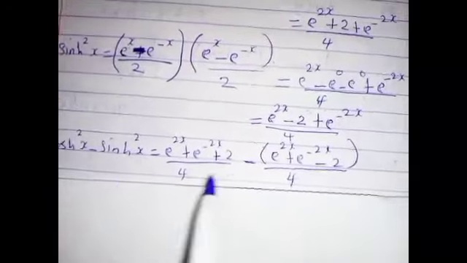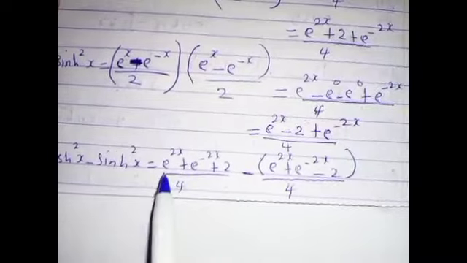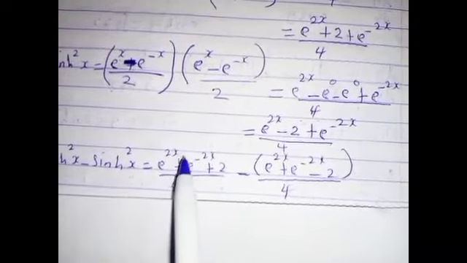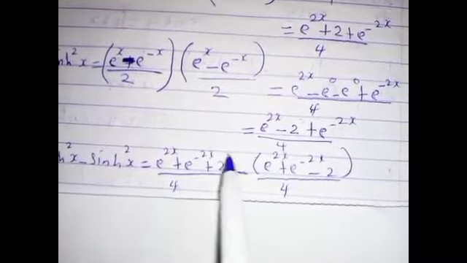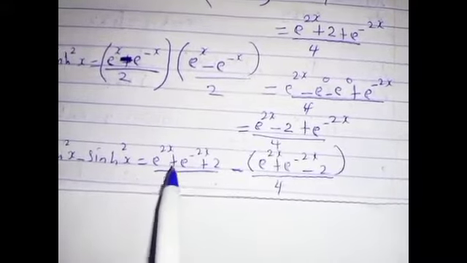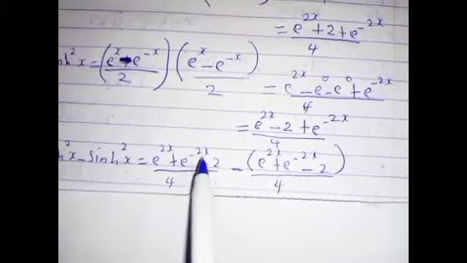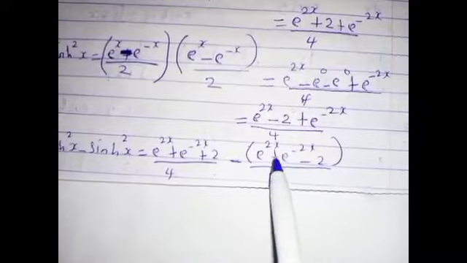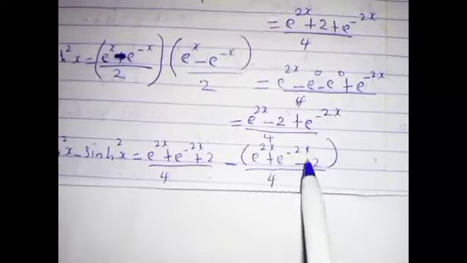So we substitute there. And as you can see here, we have e to the power 2x minus e to the power 2x, so that one will cancel out. Plus e to the power negative 2x minus e to the power negative 2x, that one again will cancel out.